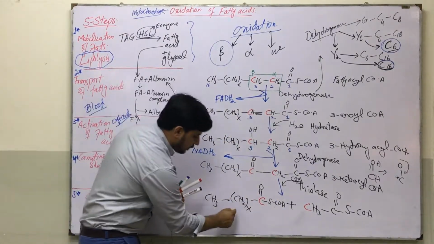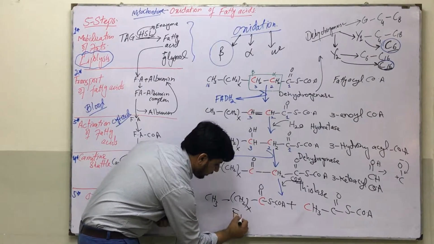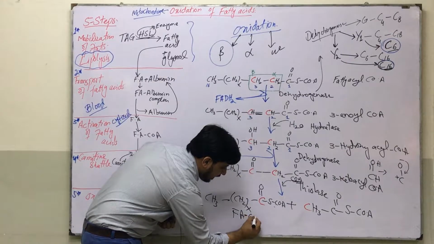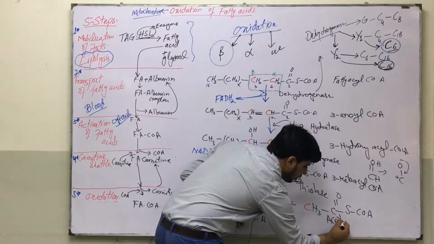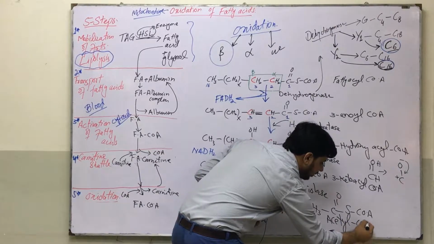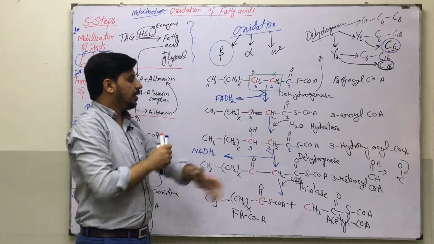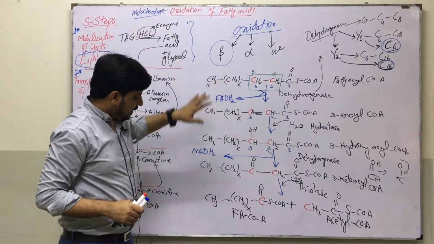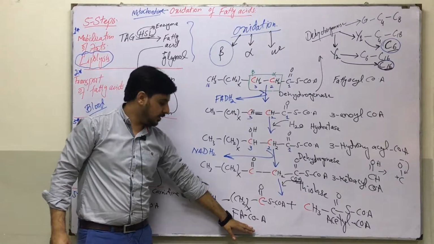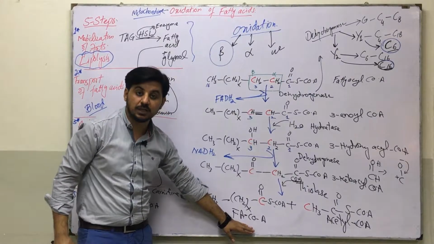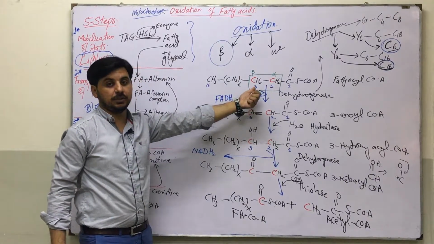Now, this is again a fatty acyl CoA, and this molecule is named acetyl CoA. So this is the complete beta oxidation, and now this fatty acyl CoA is 2 carbons shorter as compared to the original molecule.